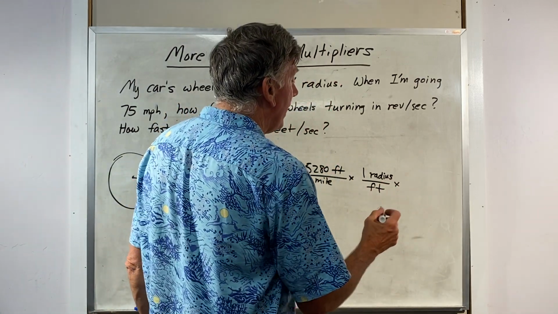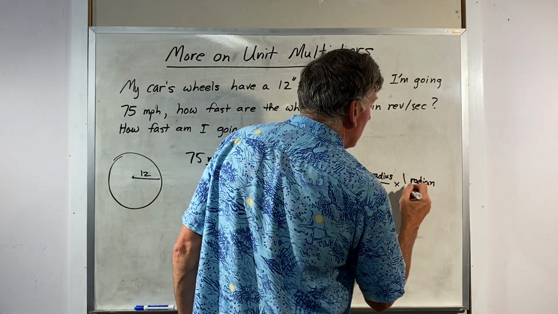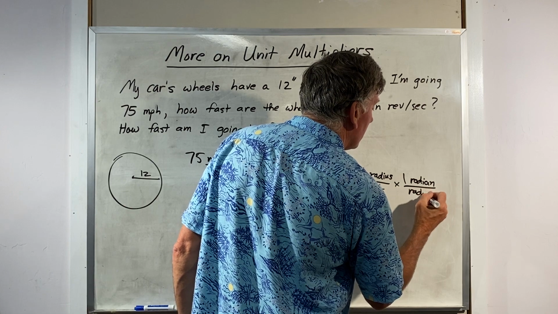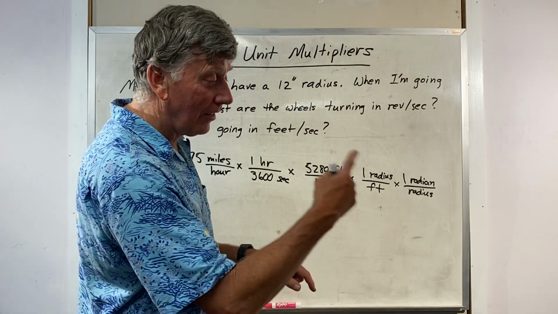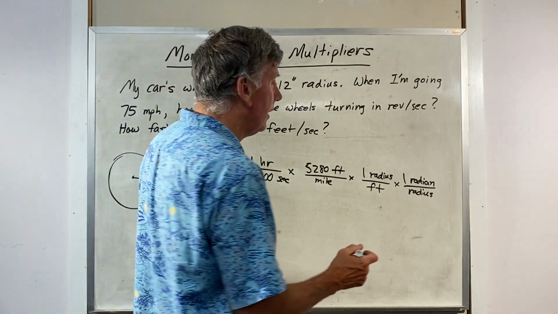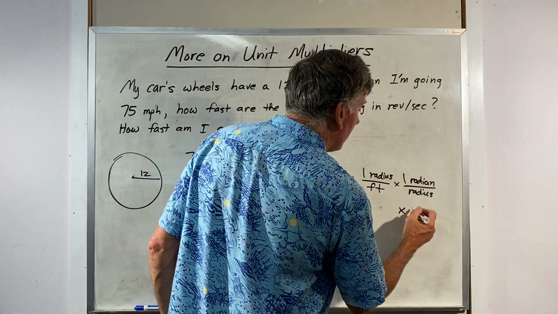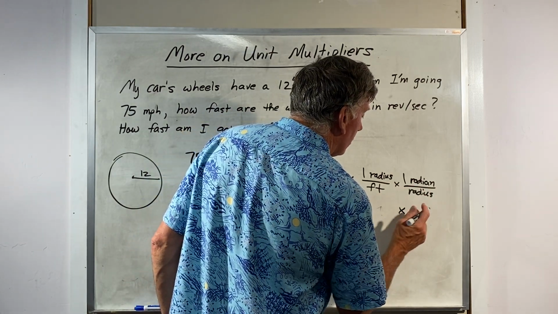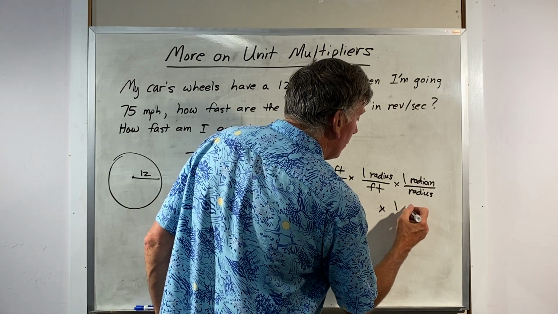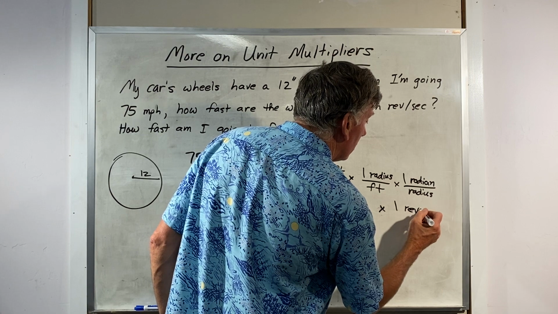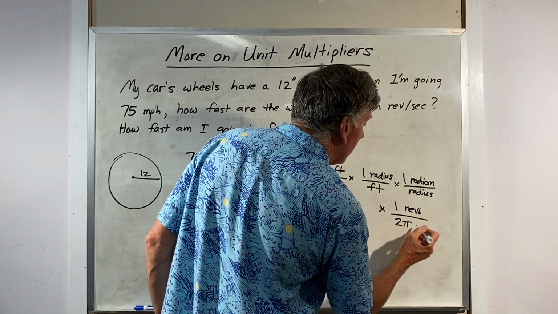And then I know that I have 1 radian per radius, because that's how we define radians: it's the very same length along that circle as the radius. And finally, I ran out of room here, I'm going to multiply it times 1 revolution, I'll just write 1 rev, per 2 pi radians.